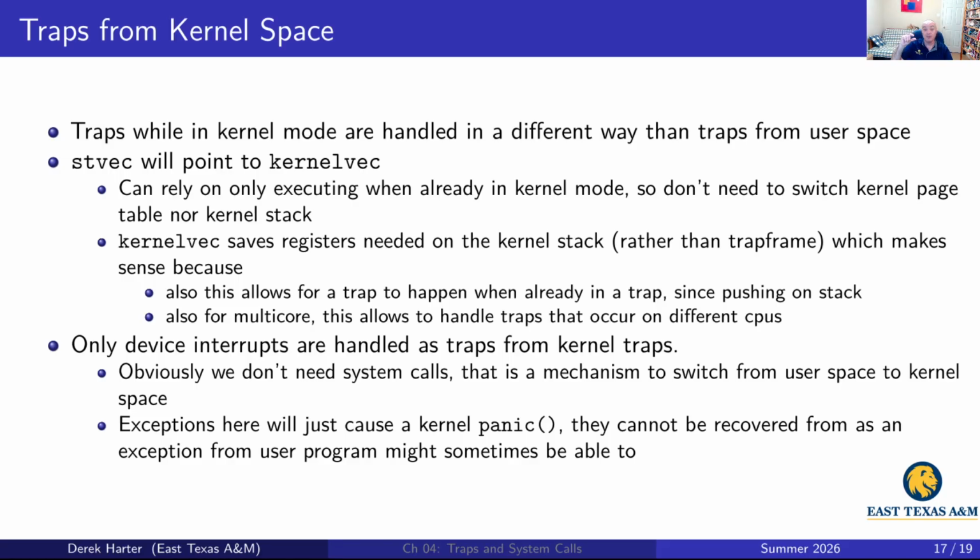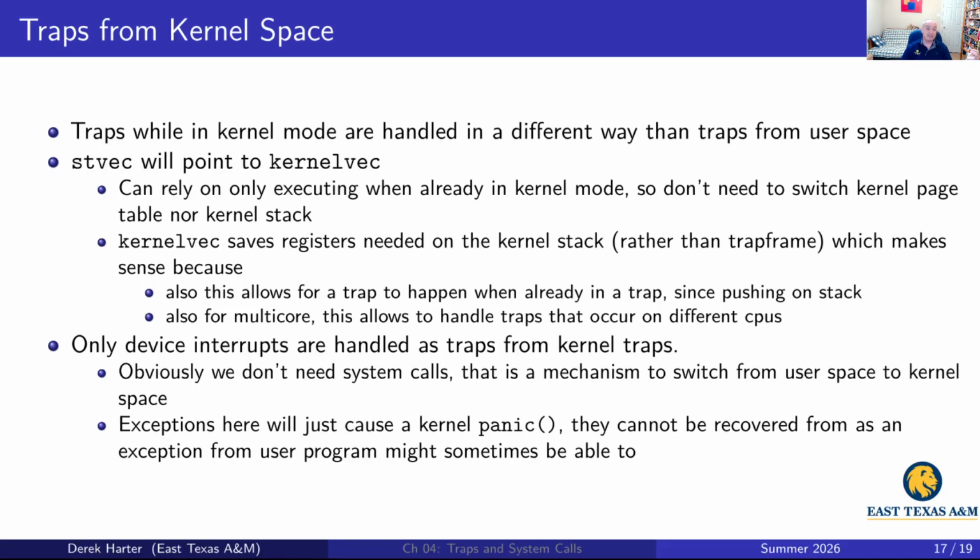And it has to be careful not to enable interrupts until that has happened, so that we don't end up jumping back to the uservec on the trampoline page. Remember the hardware disables interrupts, and that code has to be careful not to generate an exception that would cause a trap until we've repointed the stvec register to the kernelvec.